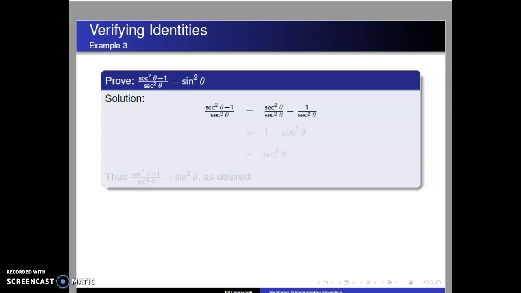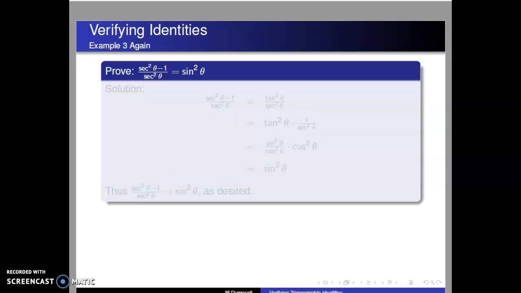One option is to unadd the fractions since the denominator has a single term. Notice that adding the fractions on the right-hand side does indeed produce the original expression. Now we can replace secant squared theta over secant squared theta with 1, and the reciprocal of secant squared theta with cosine squared theta. Finally, the Pythagorean identity gives us that 1 minus cosine squared theta equals sine squared theta. And therefore, we have established the desired identity.